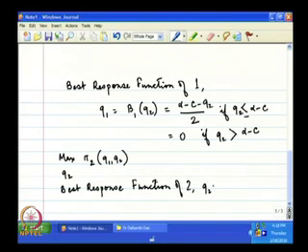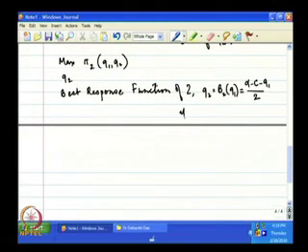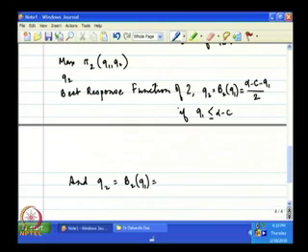It will be given by q2 equal to its expression, and so these two are the best response functions of player 1 and player 2, that is, firm 1 and firm 2.